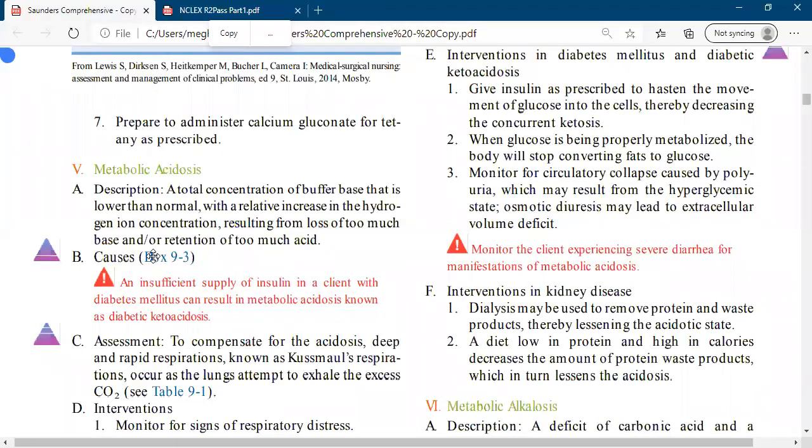If a patient has diabetes, there is a chance of developing metabolic acidosis, most commonly called diabetic ketoacidosis, right? And here I want to share another example. What blood gas values would you expect to see in a client in acute renal failure?